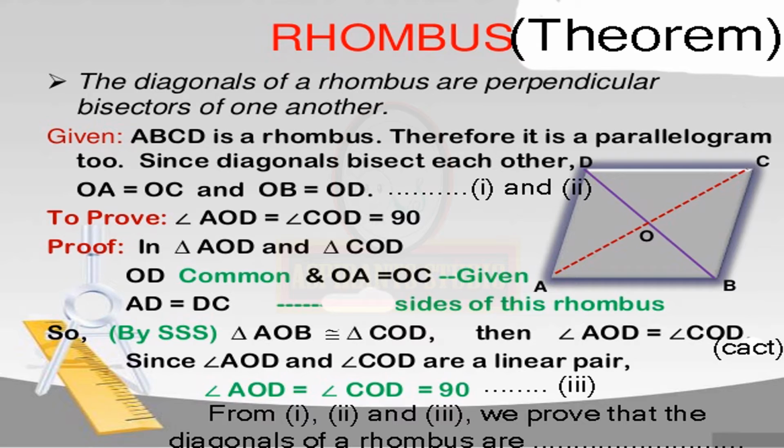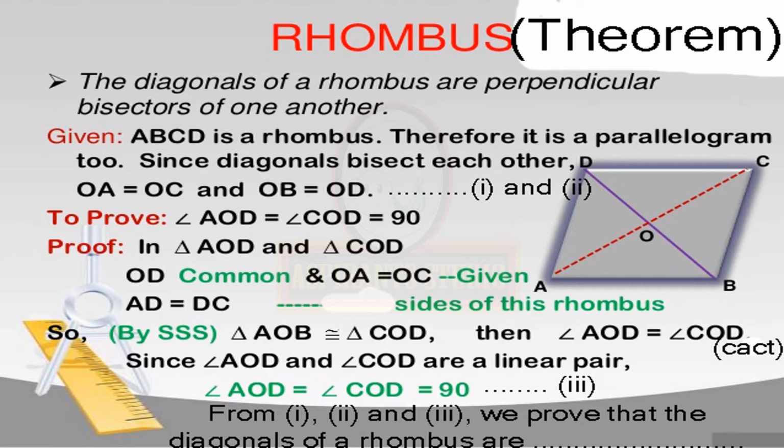Therefore, measure of angle AOD will be equal to 180 degrees upon 2, that is equal to 90 degrees. But we also have measure of angle COD equal to measure of angle AOD. So, measure of angle COD is equal to 90 degrees. Take it to be third equation.